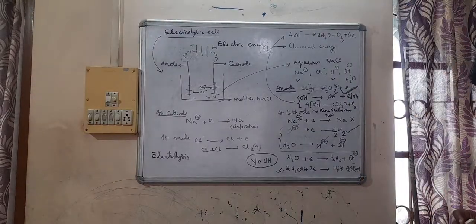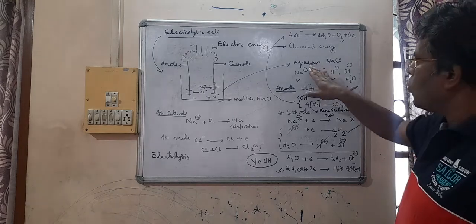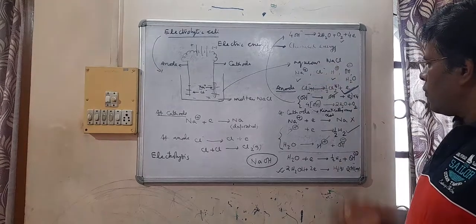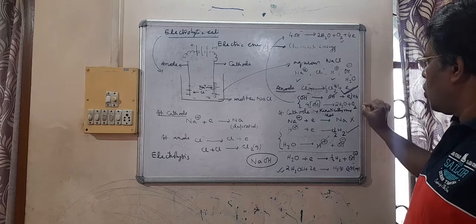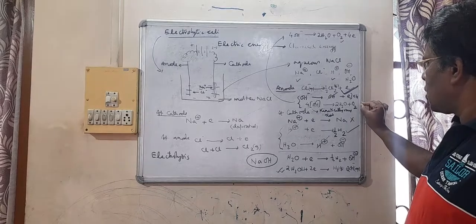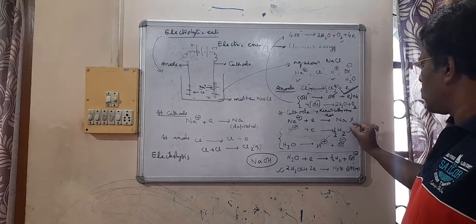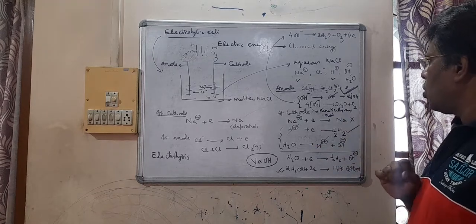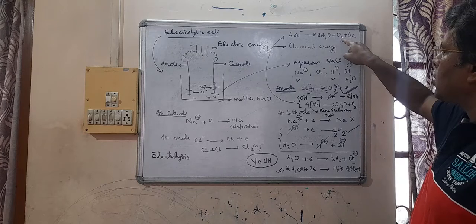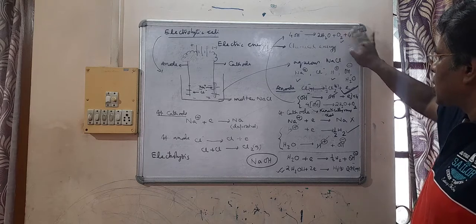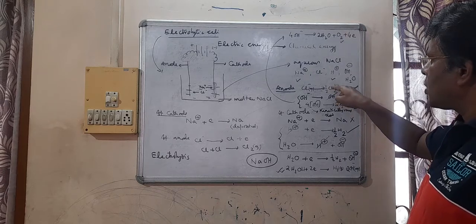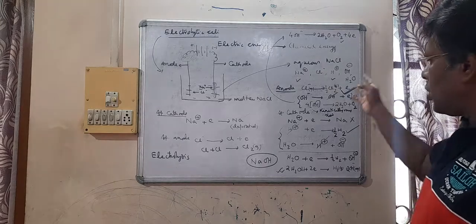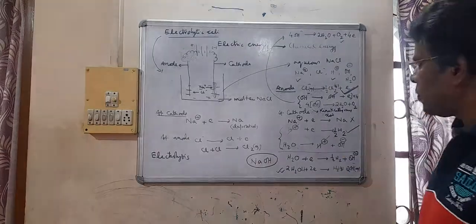So in electrolysis of aqueous NaCl, we get hydrogen gas at the cathode, and we get oxygen gas. Sorry, this doesn't happen. We get chlorine gas at the anode. In addition, we get what? Sodium hydroxide.